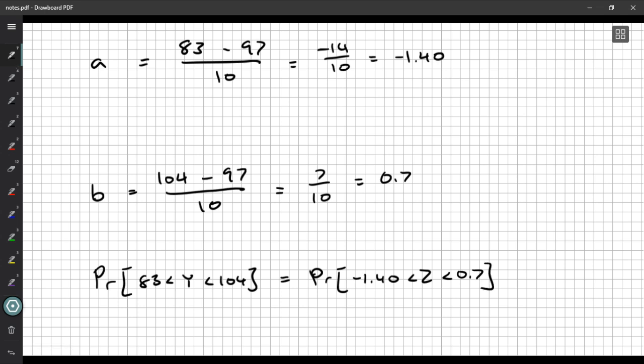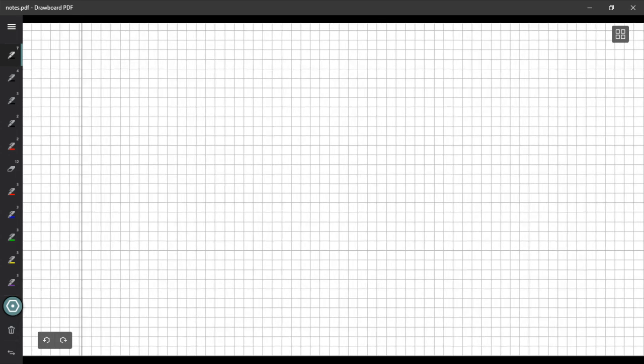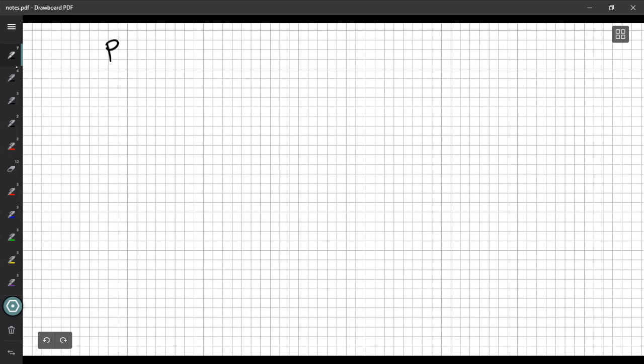So now this reduces to a problem that we've been able to solve previously. Break this up into the difference of two probabilities. And we just have to solve these. Now the first one, the probability that z is less than 0.7, is something that we can easily look up in the chart.